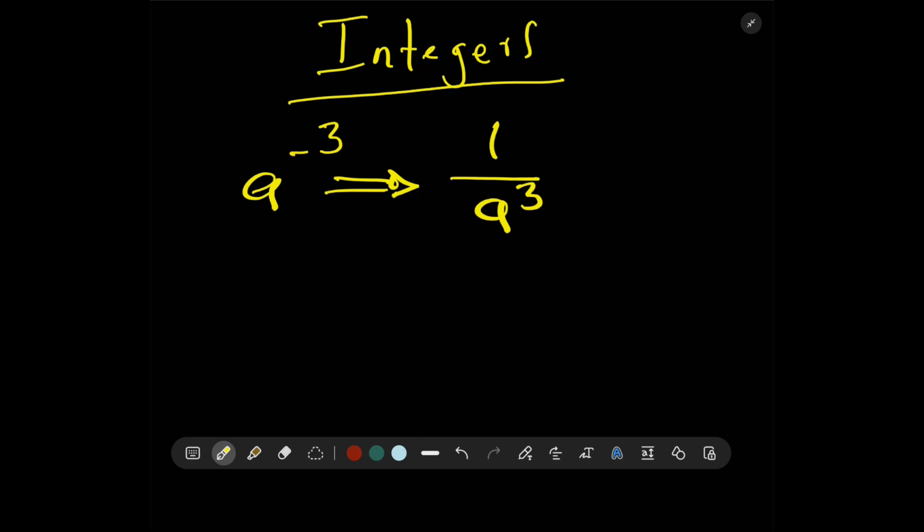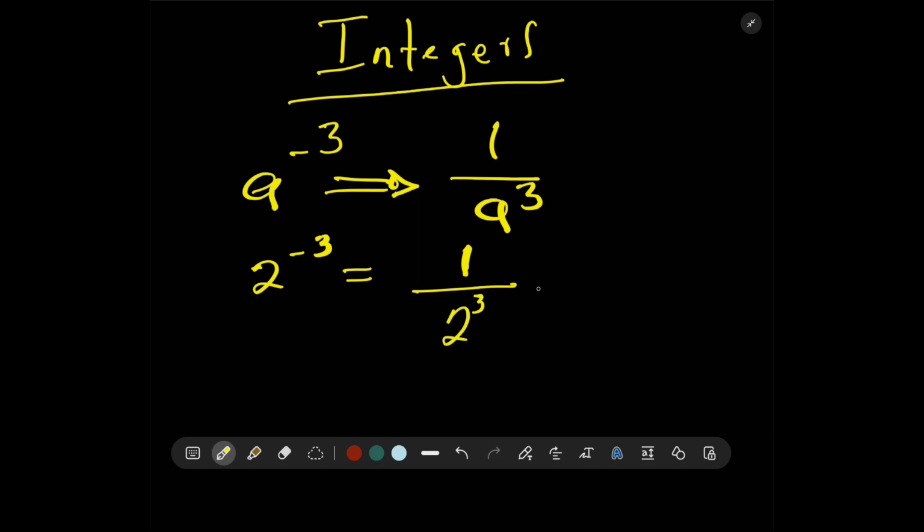So for example, say you're given 2 raised to the power minus 3. This is going to be equal to 1, because this is a negative power, 1 over 2 raised to the power 3.